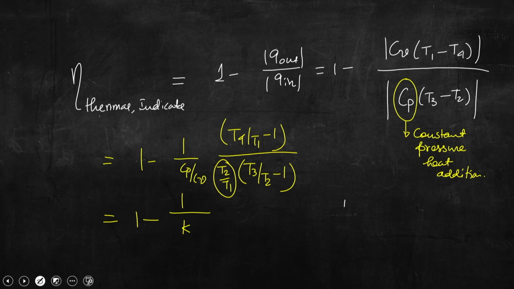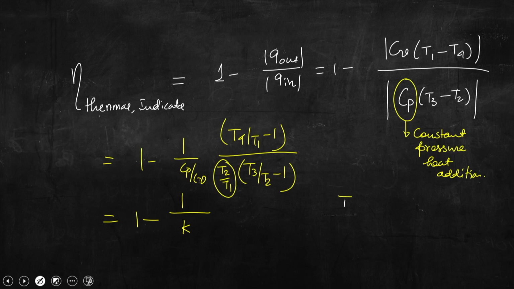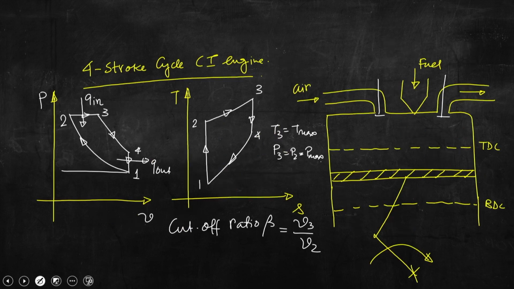So, if we write T2 by T1, T2 by T1 equals V1 by V2 power k minus 1. What is V1 by V2 again in terms of compression ratio?